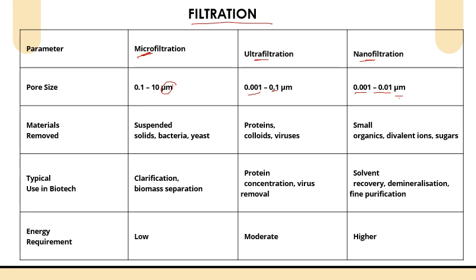It is also the first line of filtration. It is used in fermentation to clarify the broth before further processing. It doesn't require high energy, so the energy input for this method is low. It is cost effective, but not suitable if you want a finer separation.